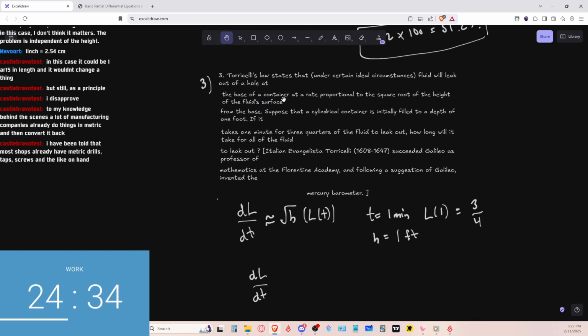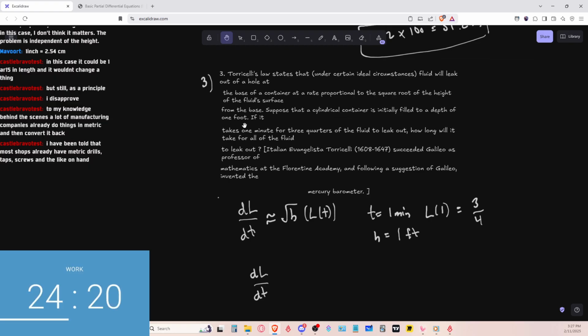The base of the container at a rate proportional to the square root of the height of the fluid's surface. So suppose that the spherical container is initially filled to the depth of 1 foot. So filled to the depth, does that mean it has like 1 foot of water in it?